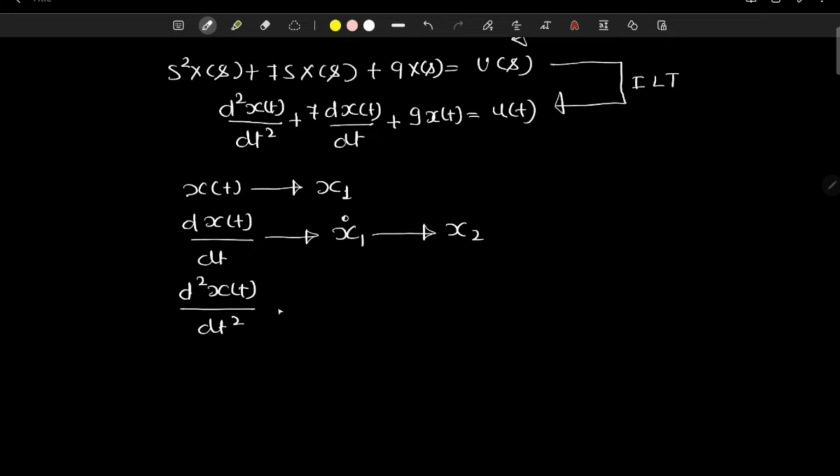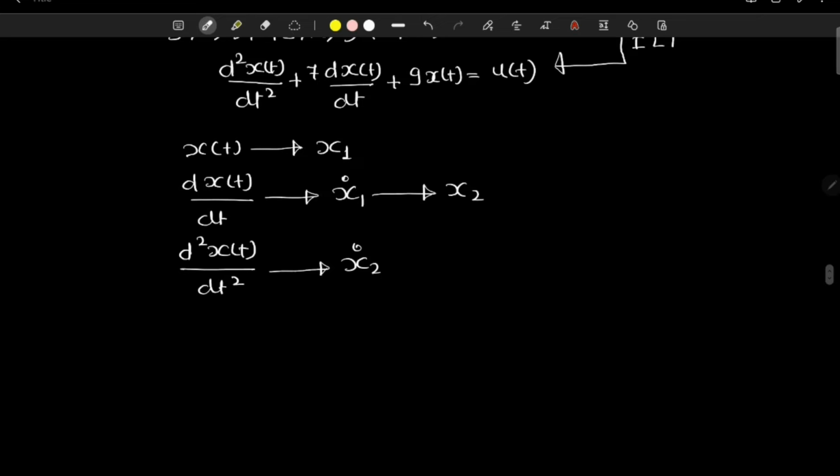So we can write this equation as the differentiation of x2, which is the double differentiation of x of t, and I simply transfer all the remaining terms to the right side of the equation.